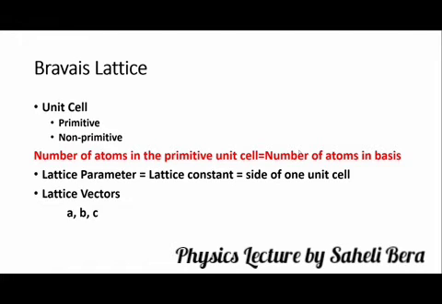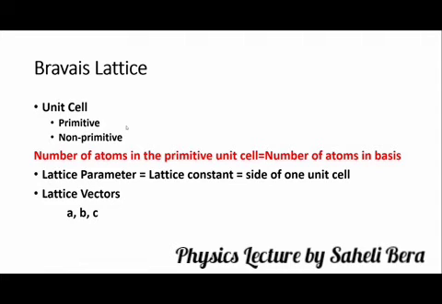Okay. Now there is an important term called unit cell. A unit cell is the smallest unit of the lattice. Unit cells are of two kinds. The first one is primitive, and the other is non-primitive. A primitive unit cell has an effective number of lattice points equal to 1.